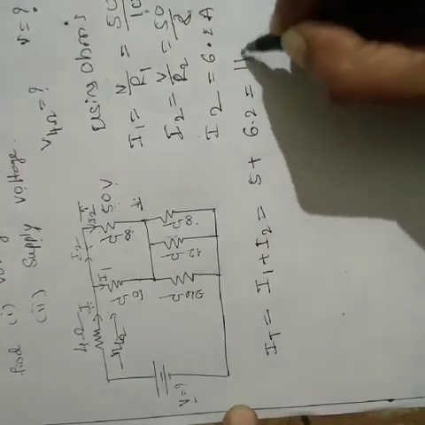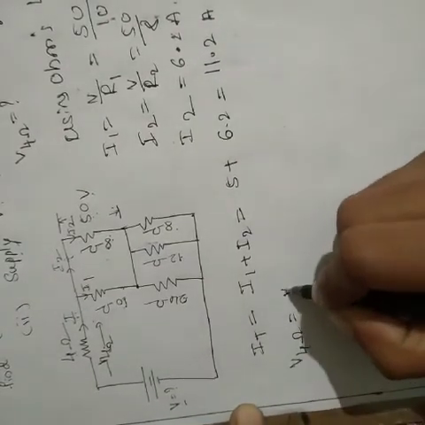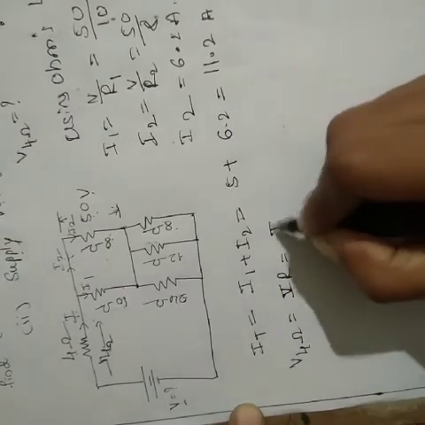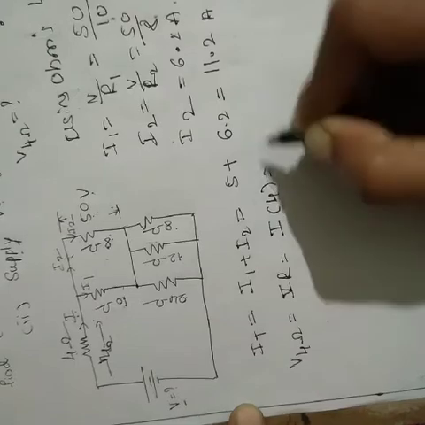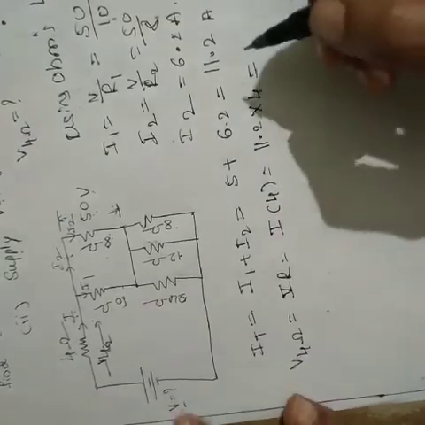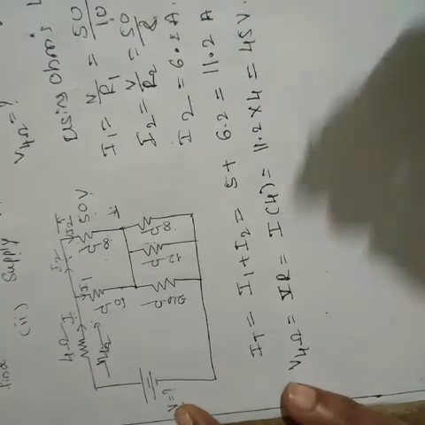This is 11.2 ampere. Now find the voltage drop across the 4 ohm. V is equal to I into R, that is I into 4. I is 11.2 into 4. Then multiply, and the answer becomes nearly 45 volts.